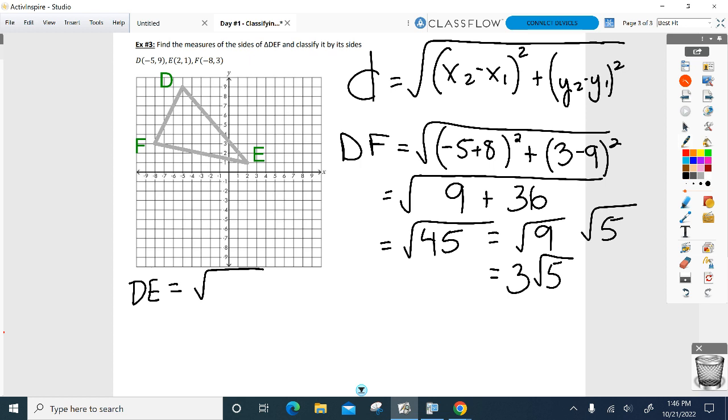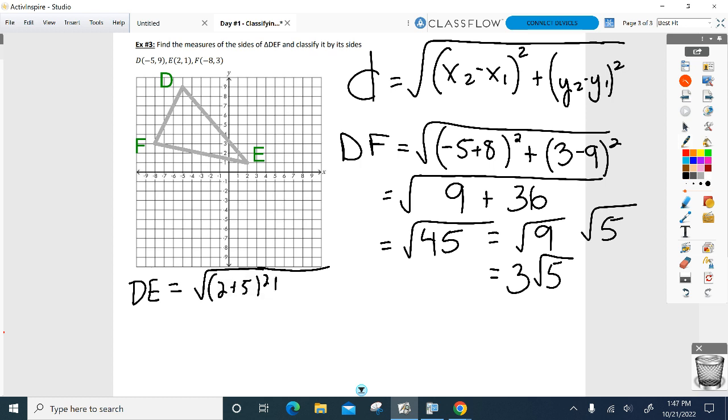Well, let's figure out how we got that other than somebody from your group. All right. Here we go. X coordinates. What are they? D and E. Let's do this out now. D and E. What are the X coordinates? 2 and -5. So what'd you do? 2 plus 5 squared.